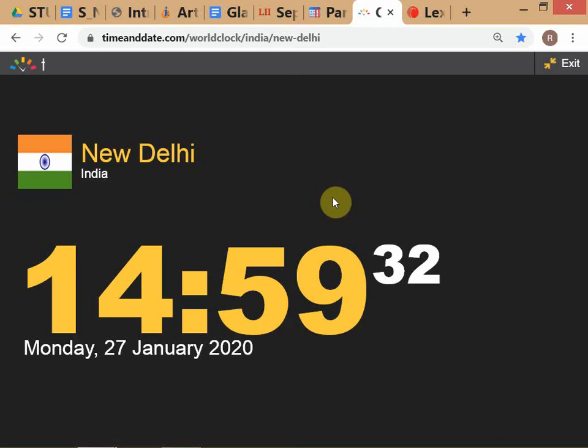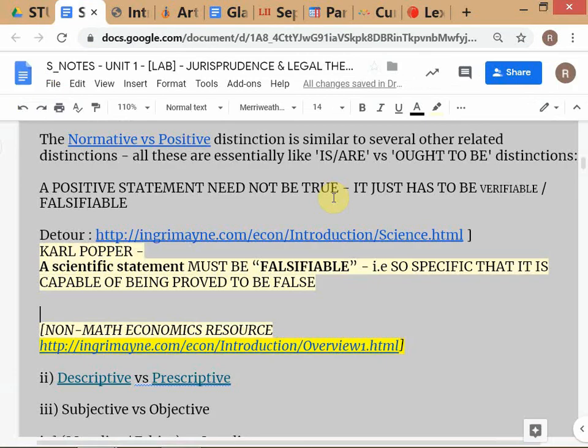So first, this point is clear. It is a very important point, because you need to be able to test when you are listening to media personalities, economists, talking about the economy. Try to analyze which of their statements can be called scientific statements. Are they so specific that they can be proved false? Mostly they are all garbage.